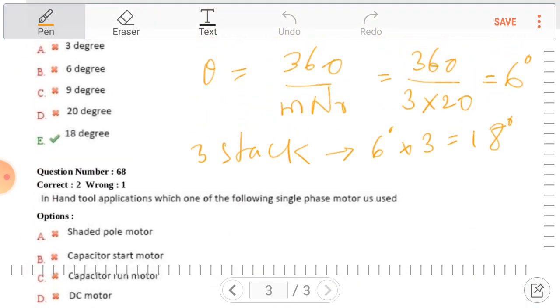For a single stack, theta is found by using the formula 360 by m into Nr, where m is the number of phases and Nr is the number of slots in the rotor. So 360 by 3 into 20, it is 6 degrees for a single stack, and for multiple stacks, suppose 3 stacks are given, it is multiplied by 3, so the step angle is 18 degrees.